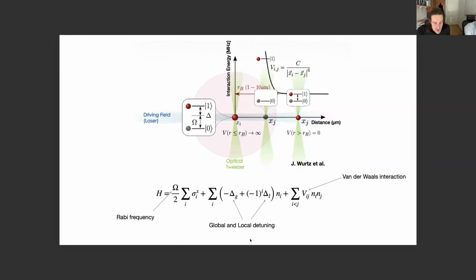Actually, for these setups that we are interested in, they have one global detuning, but they are also able to implement it site-wise, for atoms, in a staggered structure, which we call a local detuning. This is a bit more technical, but the philosophy is essentially the same. And then what's very important is that the Rydberg atoms, since you have this very highly excited state, have a van der Waals interaction that decays with distance very quickly.